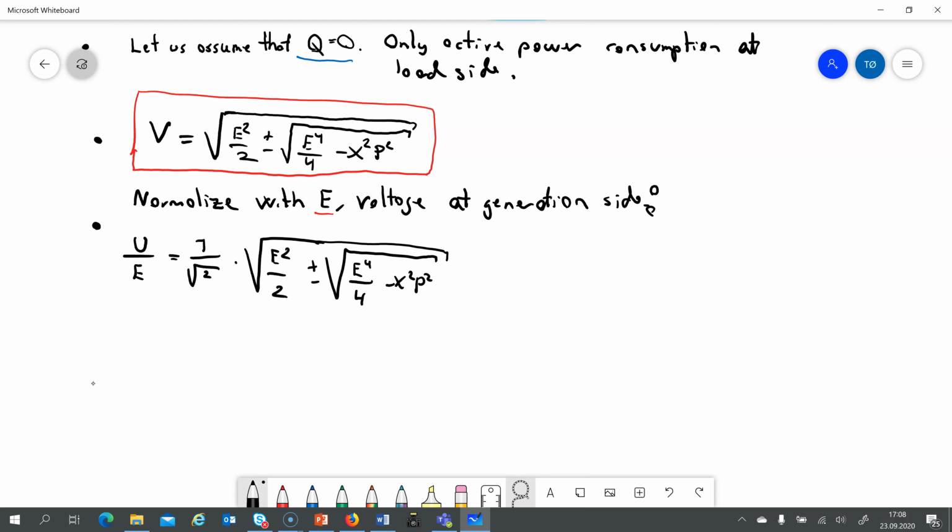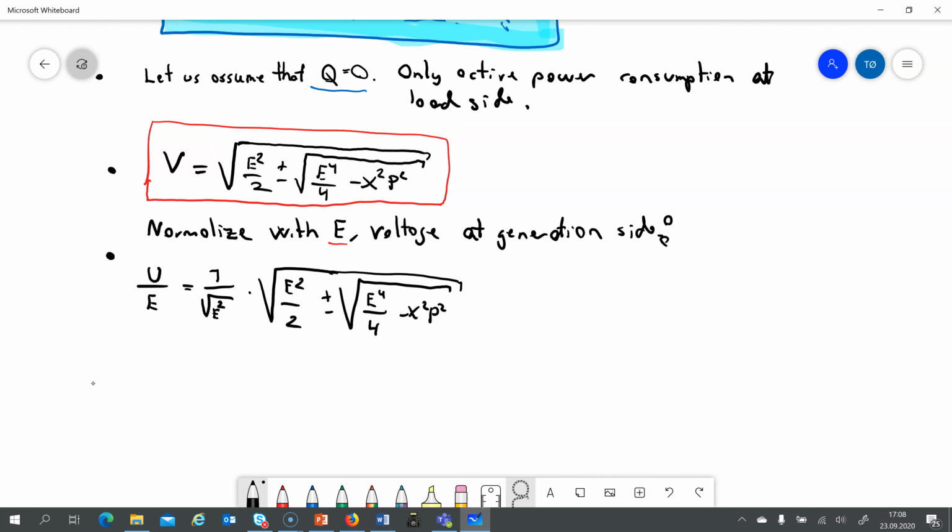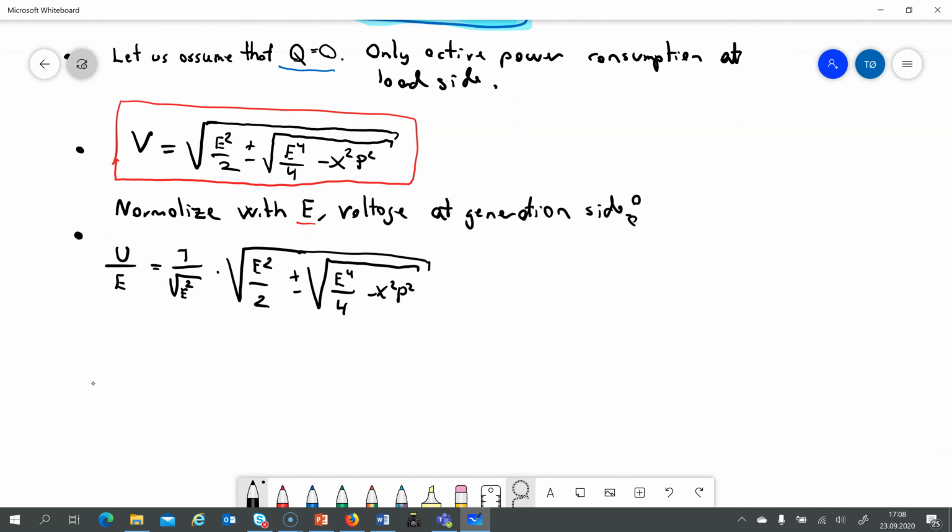We will do several steps here now, just to simplify it. We are breaking up the equation. So we can see that we have taken this 1 by E, square root of E squared, like this.